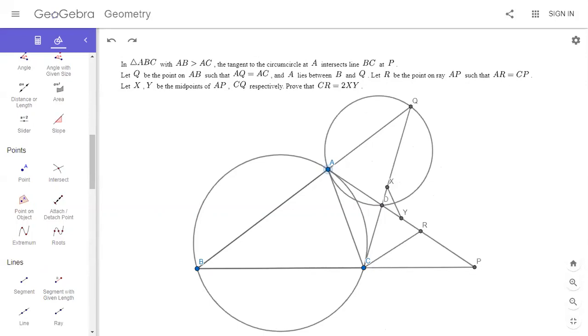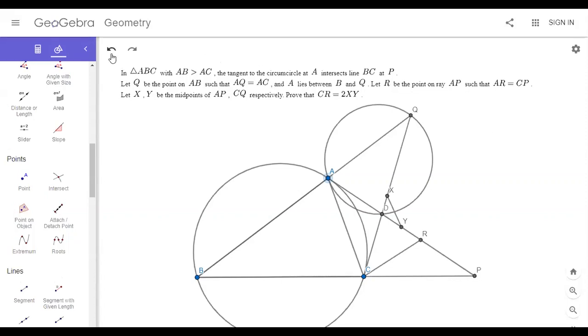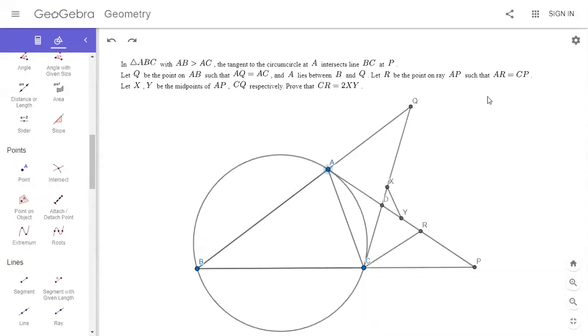We want to show RC. Let's see. Is it obvious that? Is it just an angle chase that shows that CA is tangent? Okay, I'm gonna hide the circle for a sec just because I don't want to show it there until we prove that AC actually is tangent.